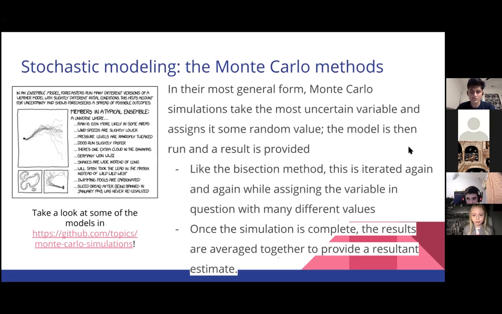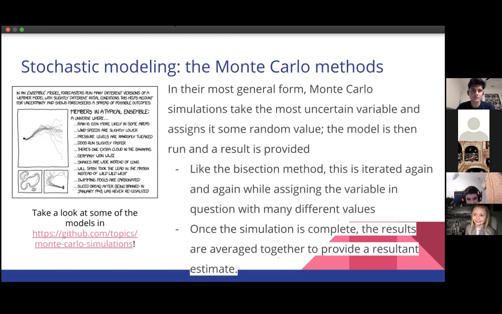Some of these outcomes might include universes where rain is 0.5% more likely in specific areas, wind speeds are slightly lower, pressure levels are randomly tweaked, dogs run slightly faster, there's one extra cloud in the Bahamas, Germany won World War II, snakes are wide instead of long, Will Smith took the lead in The Matrix instead of Wild Wild West, swimming pools are carbonated, and sliced bread, after being banned in January 1943, has never been re-legalized.